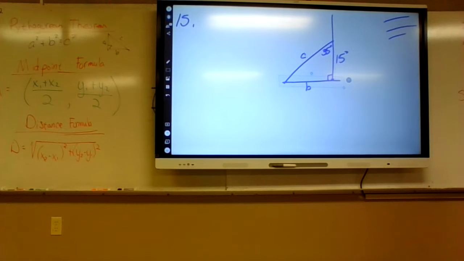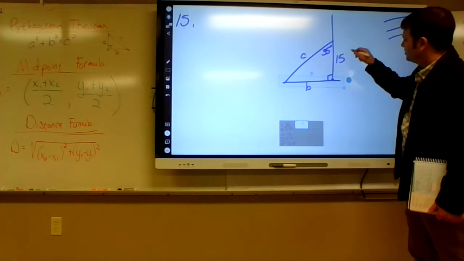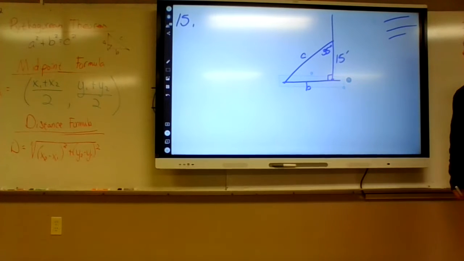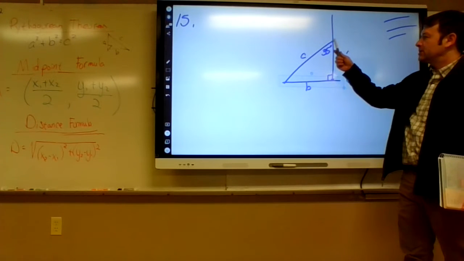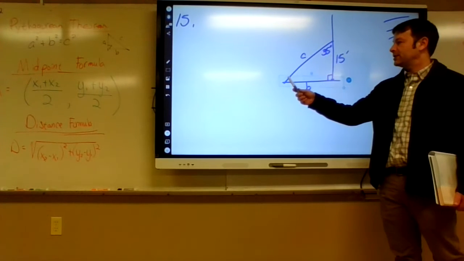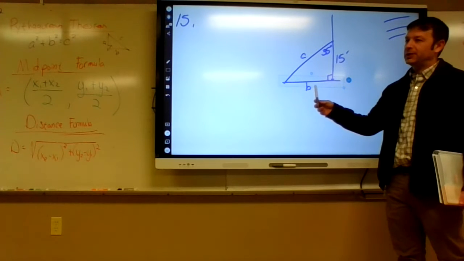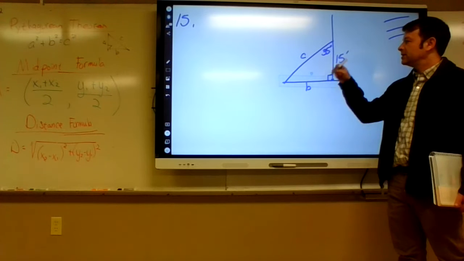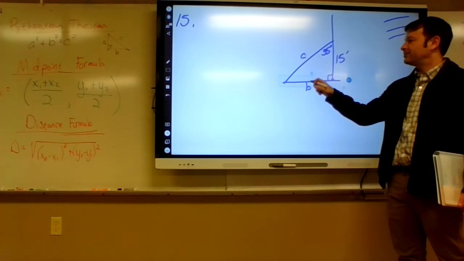Okay, Mari. I think I put an angle symbol there, I should put a feet symbol there. Mari, relative to this 35-degree angle right here, side C is the what side? Hypotenuse. Side B is the what? Opposite.